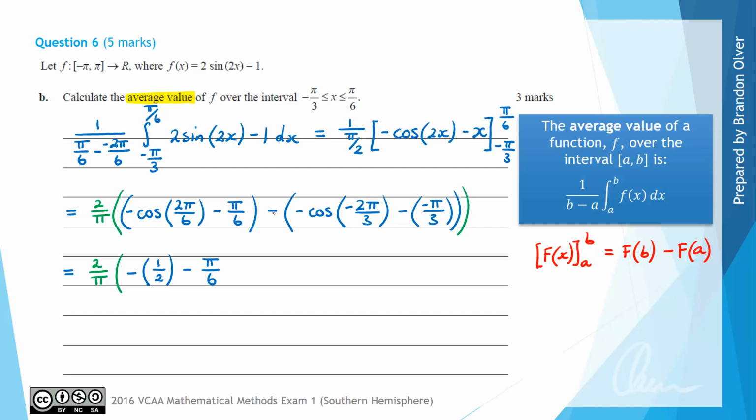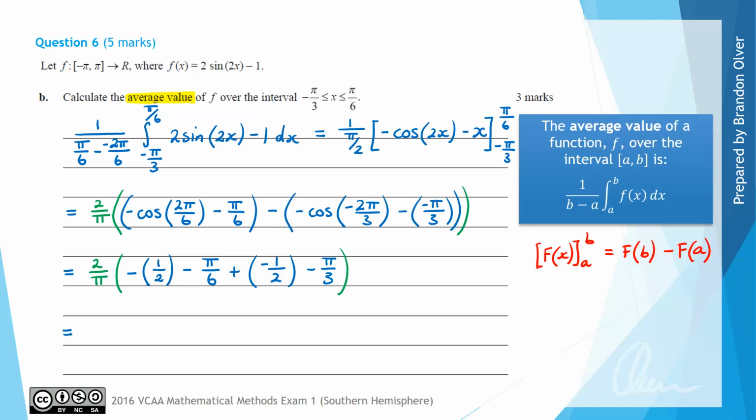So first of all, negative will give plus the exact value of cos of negative 2 pi on 3, and cos of negative 2 pi on 3 is negative a half as its exact value, and then subtract negative will add negative pi on 3 here. So we just have subtract pi on 3, and then again the green applies to all of that.